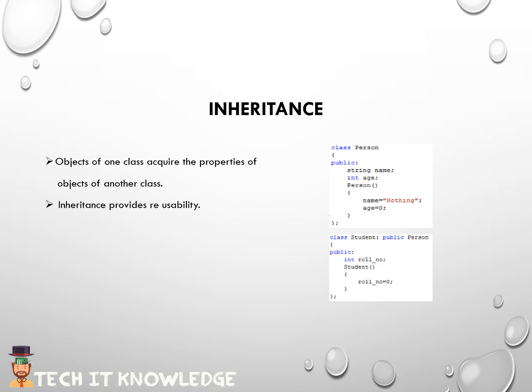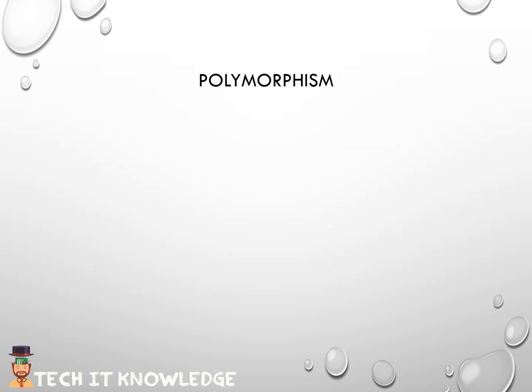So we have the next class student, which is inherited from the class person. So here we can see the integer roll number and the constructor student. The member variables from class person are inherited by class student. So these member variables, name and age, can be used in the class student. A student object can use these variables.